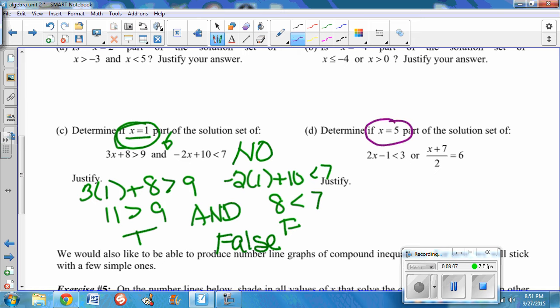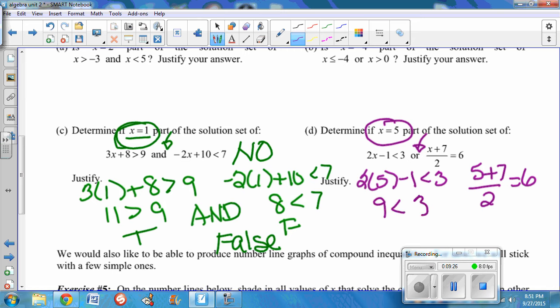Now we're taking, is 5 part of this inequality? So let's examine what our connector is. Let's do our substitution. So I'm substituting 5 in. And then I'm saying 10 minus 1, that's 9. Is 9 less than 3? That's false. Our connector is or. Now I have 12 divided by 2 is 6.